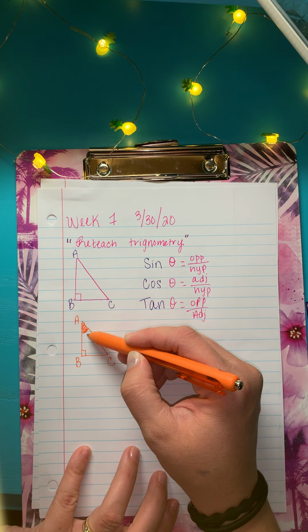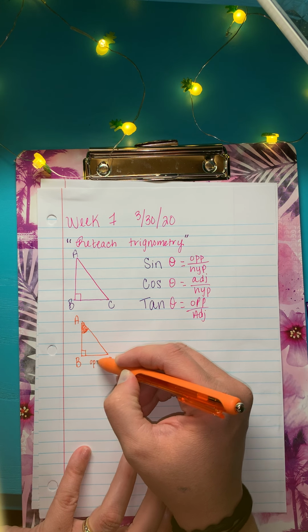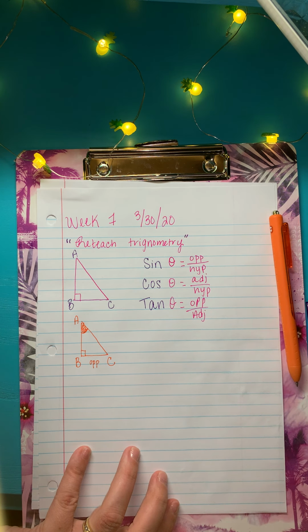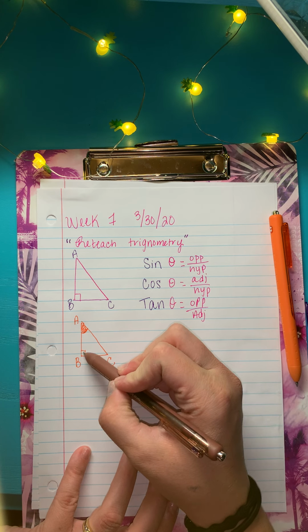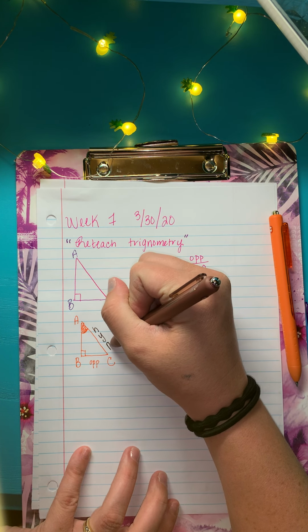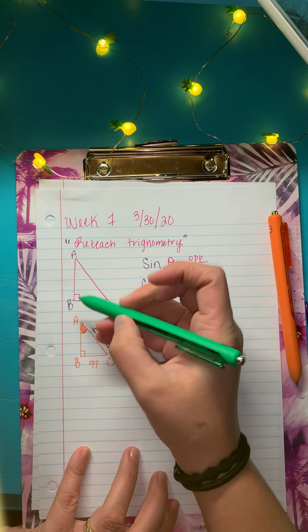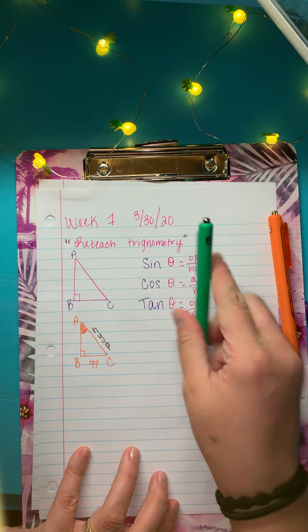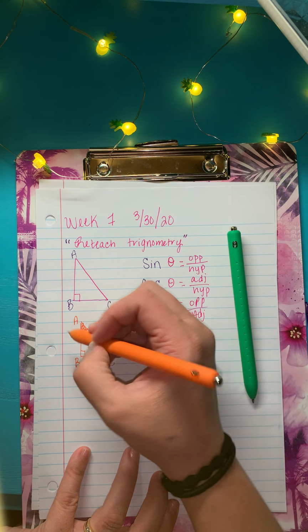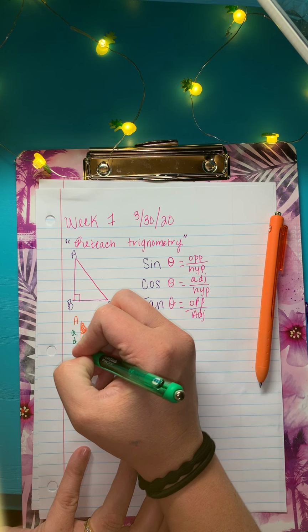If it's across from the angle, it is the opposite. That would be down here. If it is across from the 90-degree angle, which would be over here, that is called the, you guessed it, the hypotenuse. And last, the one that is always right next to my angle is the adjacent. Adjacent, ADJ.